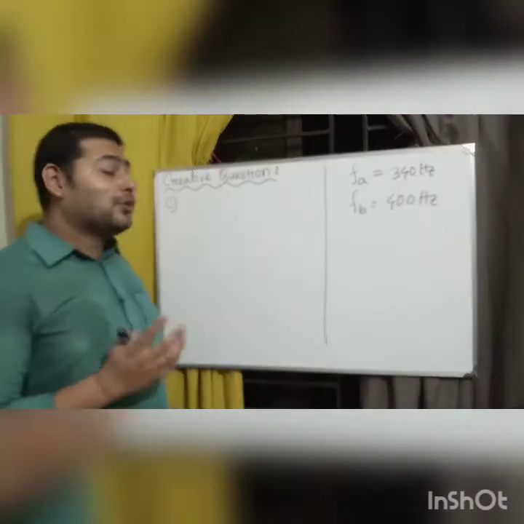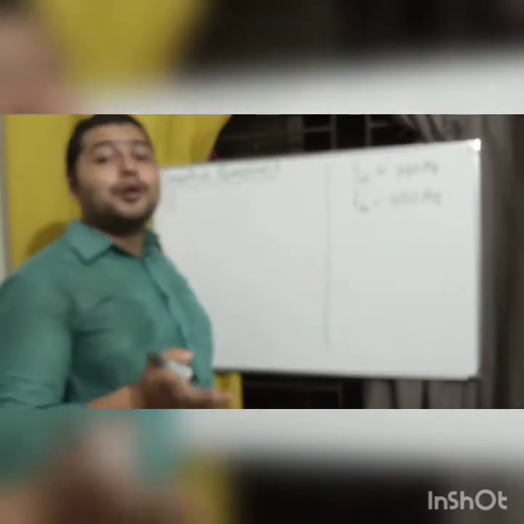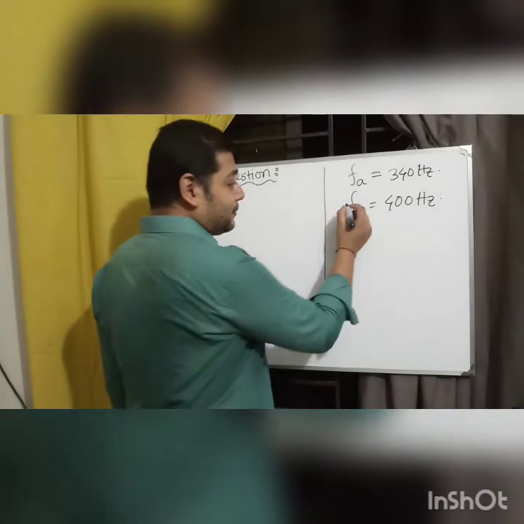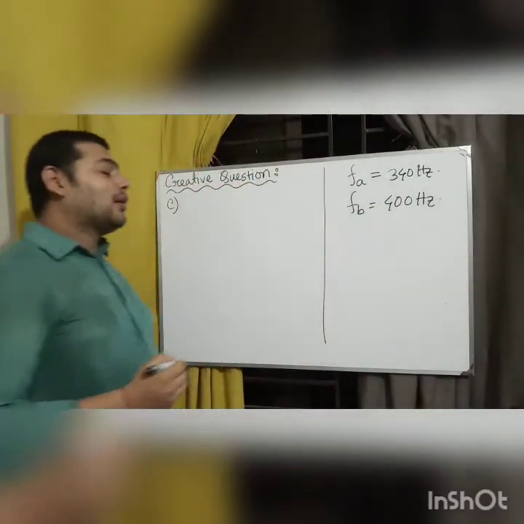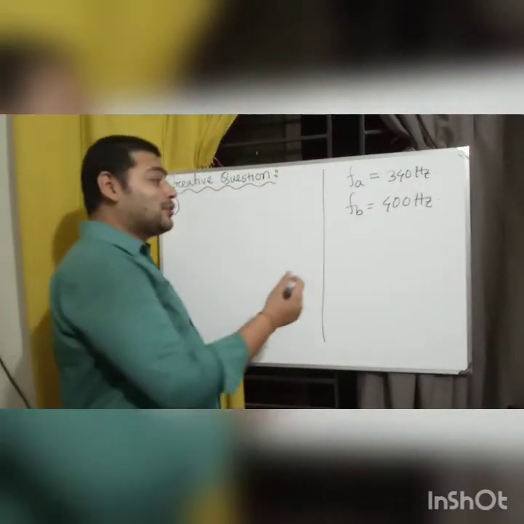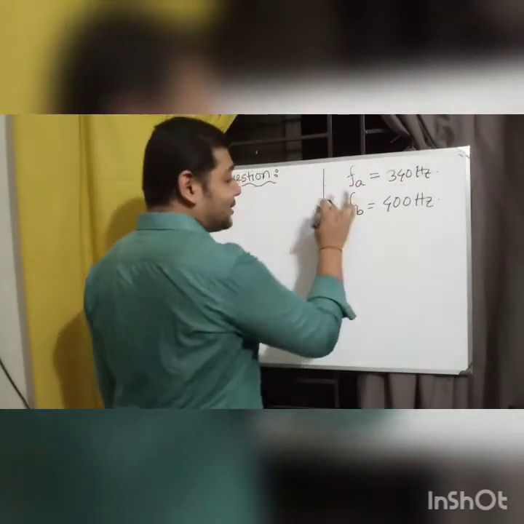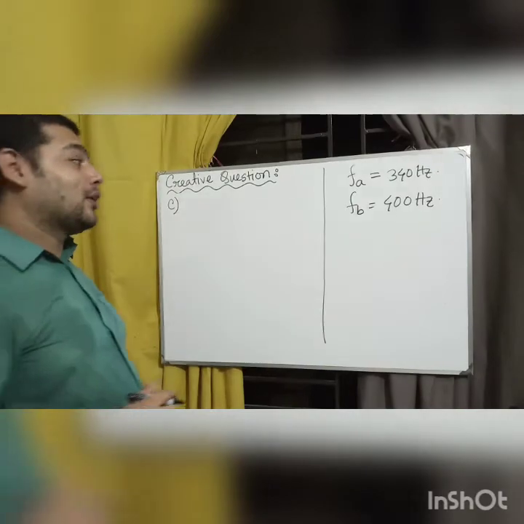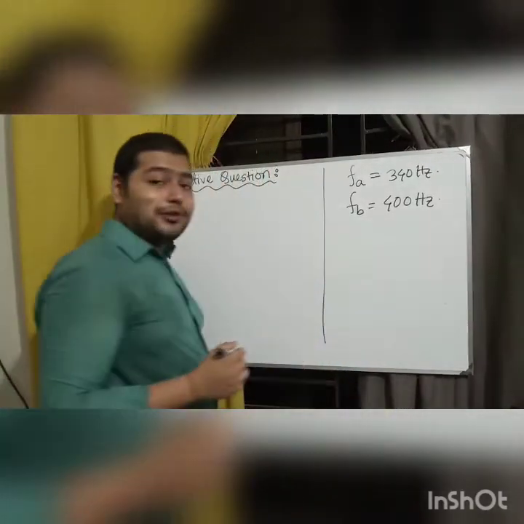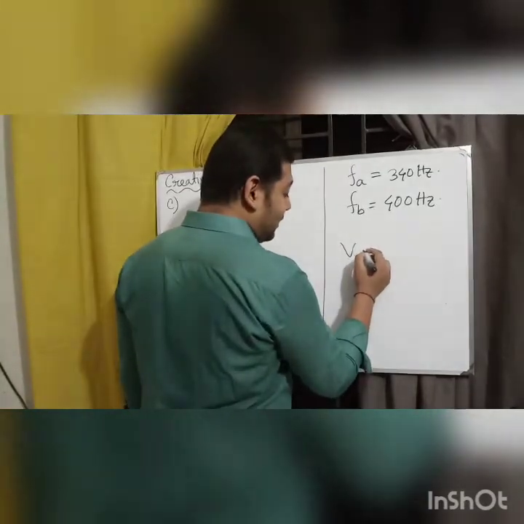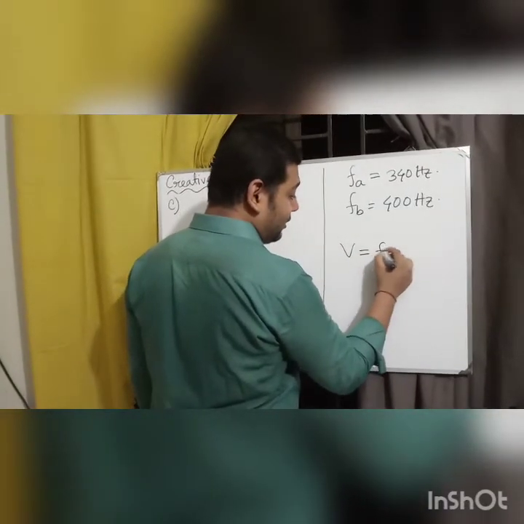Okay, which wavelength from which wavelength. And here we need to write this difference by using these two frequencies. We know that the relation between frequency and wavelength is V equals F lambda.